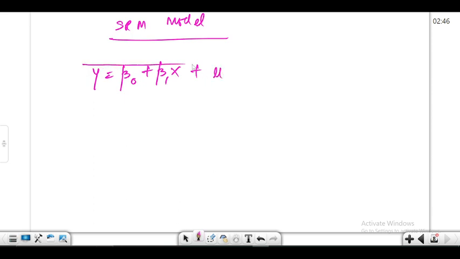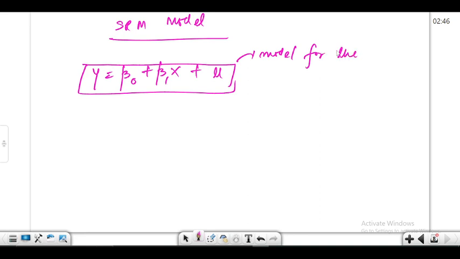So this is a simple regression model, and this is the model for the entire population.